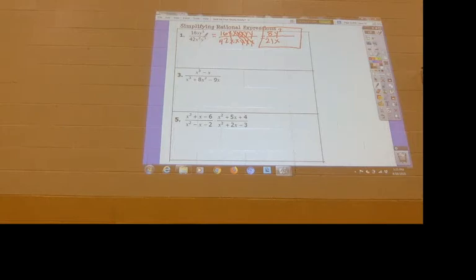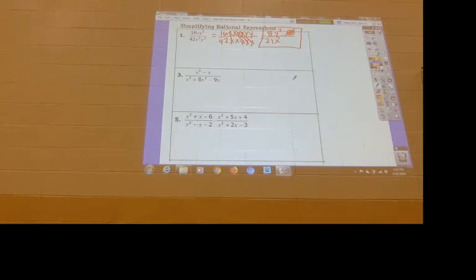What's 2 minus 1? 1. Top or bottom's bigger? Bottom, so it stays on the bottom as x to the 1. If I move x to the top, it would be a negative 1. Anytime you change levels, you change signs. Okay? That was simple enough. That allows you to complete problem 2.